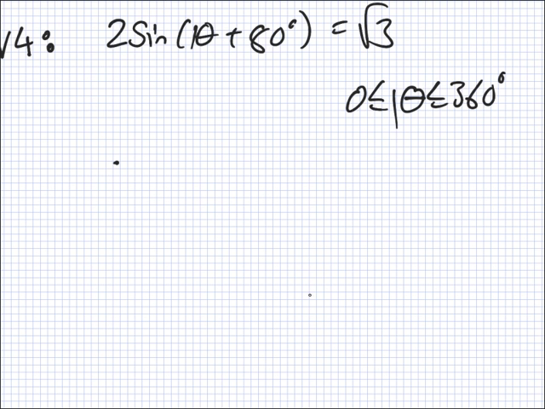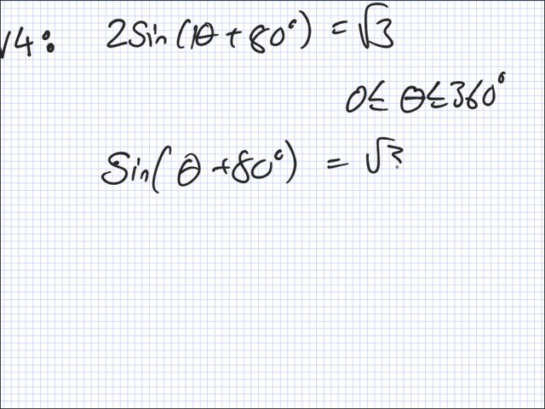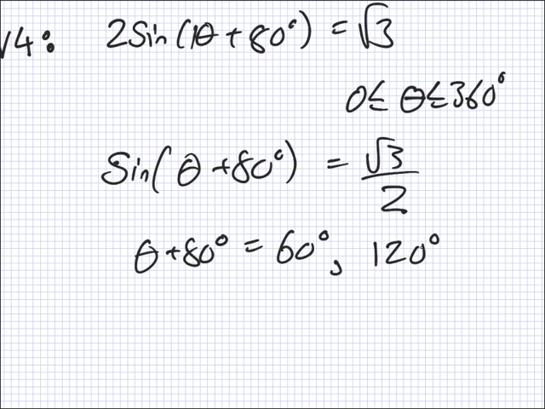Okay. So let's begin. Step 1, you have sine theta plus 80 degrees equals root 3 over 2. So theta plus 80 degrees equals sine inverse that, which is 60. How do I get the second answer for sine? 180 minus it, so that's 120. Next, what do I do?